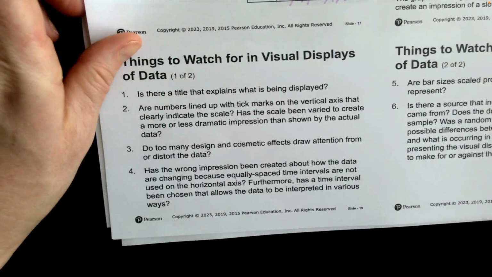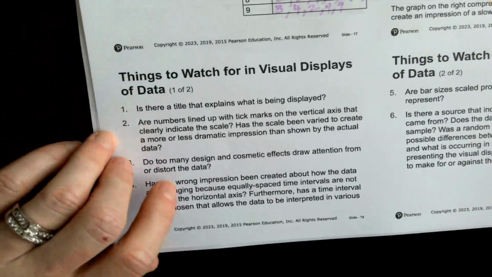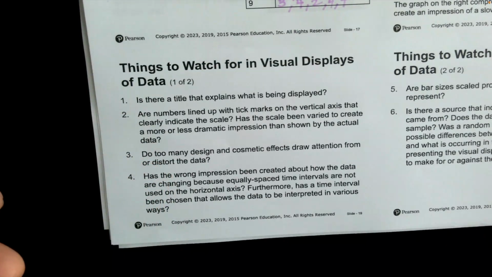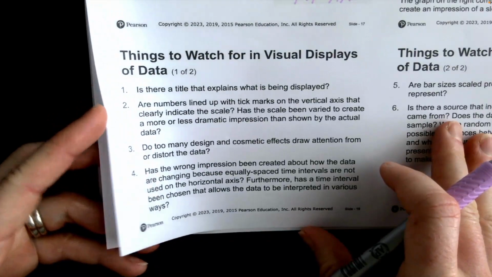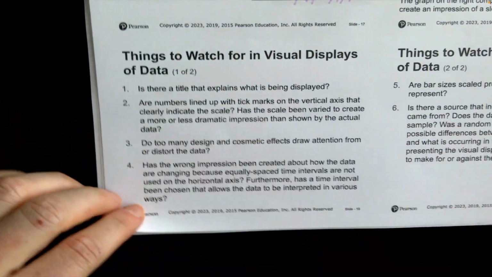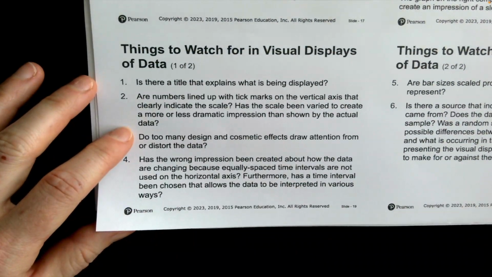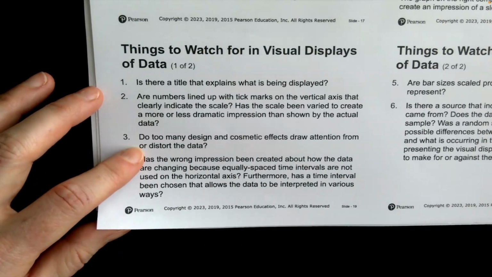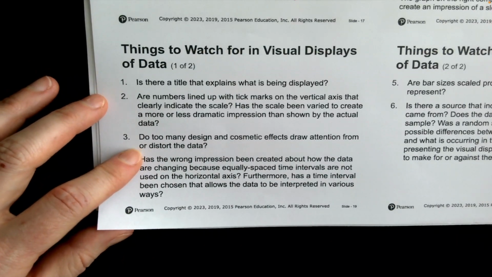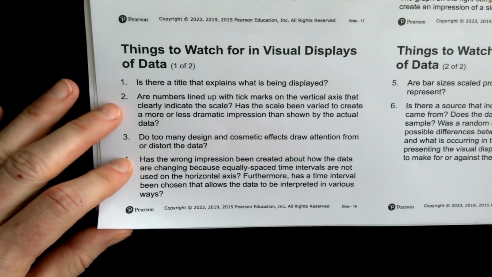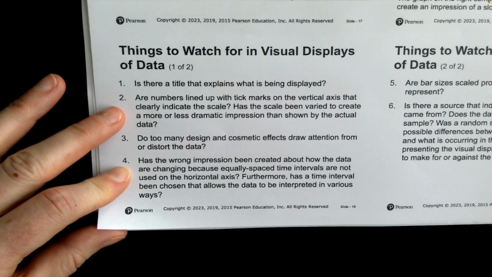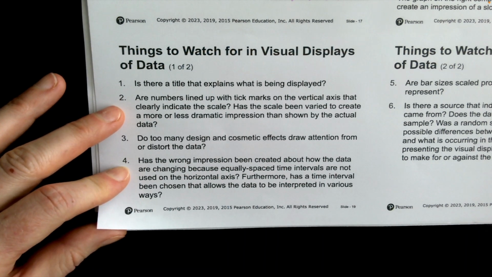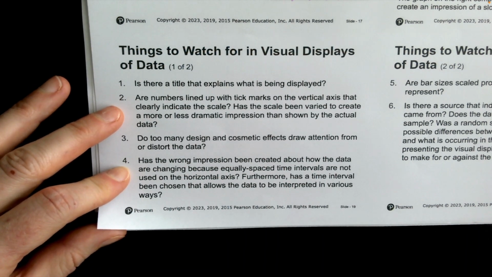Is there a title that explains what is being displayed? Are numbers lined up with tick marks on the vertical axis that clearly indicate the scale? Has the scale been varied to create a more or less dramatic impression than shown by the actual data? Do too many designs or cosmetic effects draw attention from or distort the data? Has the wrong impression been created about how the data are changing because equally spaced time intervals are not used on the horizontal axis?